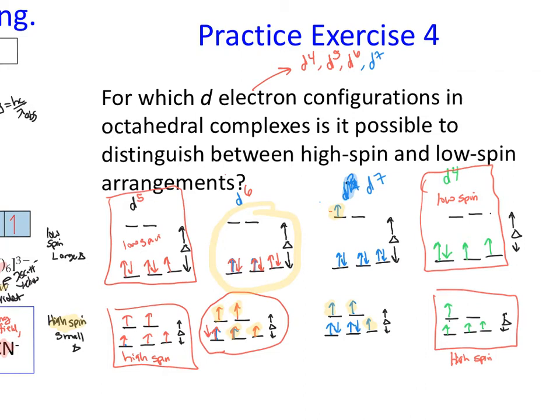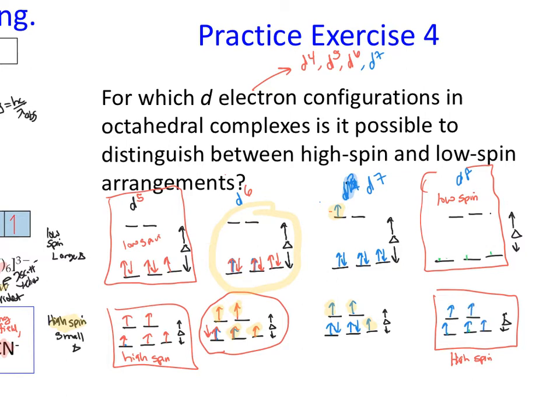Now let's go ahead and look at D8. And again, I'm just going to erase these diagrams so I can reuse them because I'm running out of space. D8, high spin, 1, 2, 3, 4, 5.